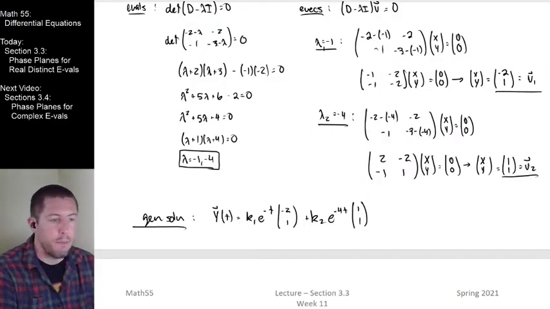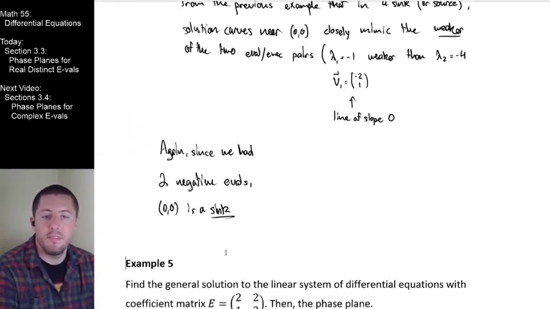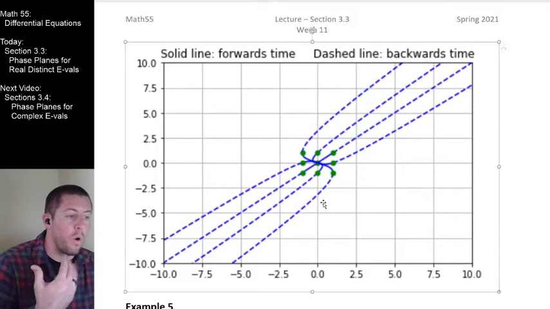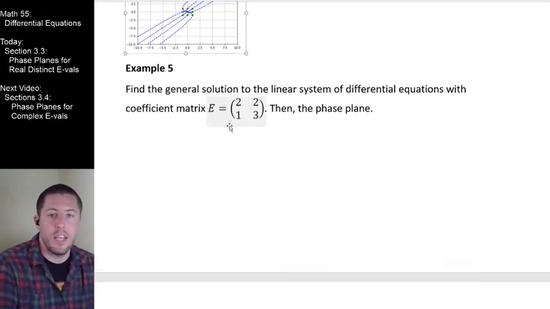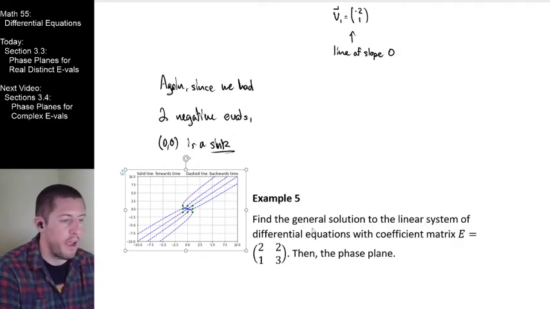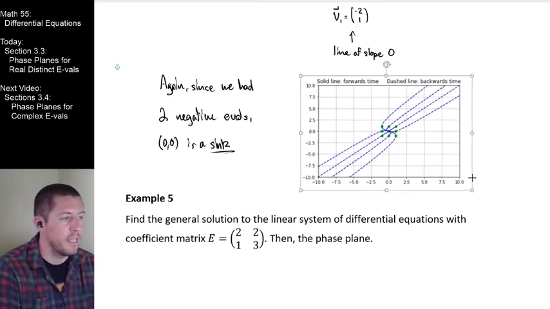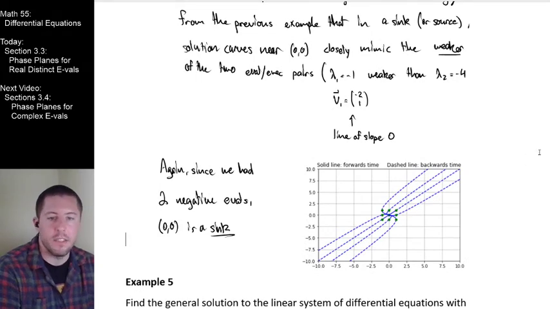The takeaway from the math we've done here today is that we are going to follow into the origin or away from the origin the straight line solution that's associated with the weaker of the two eigenvalue eigenvector pairs, the one that's the smaller number, basically. Lambda -1 is less extreme decay than lambda equals -4 right there. And so we do get exactly that kind of information right here.